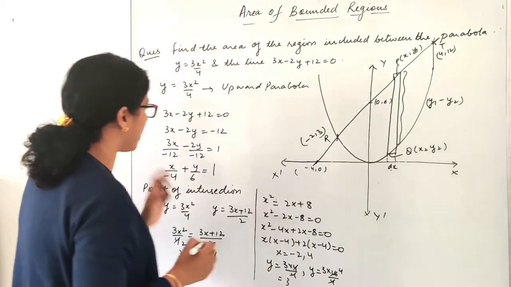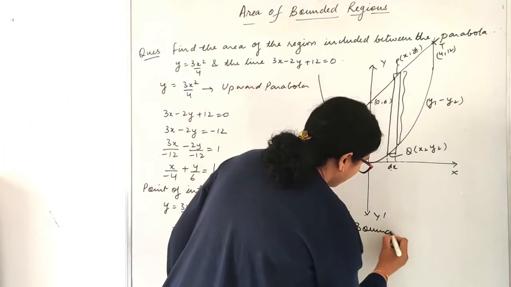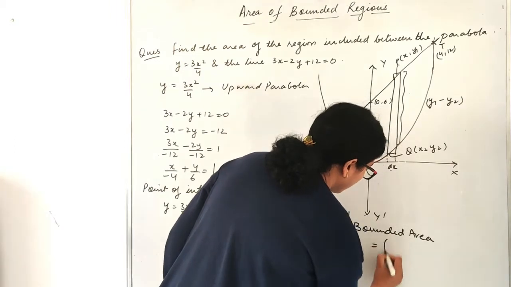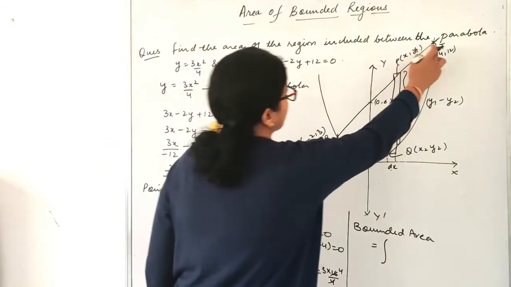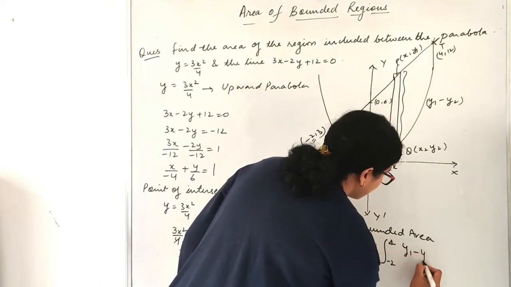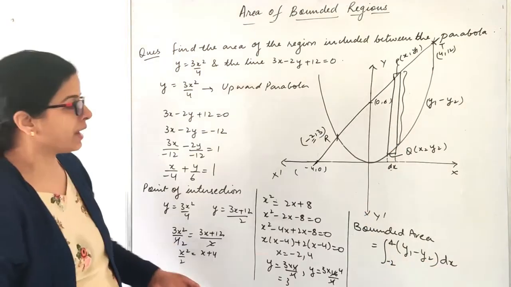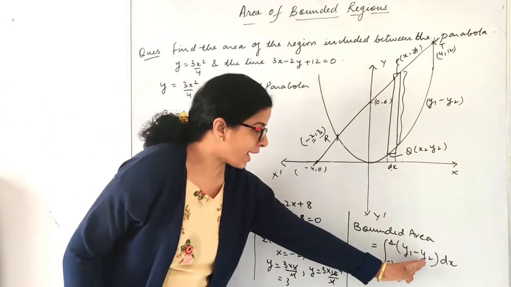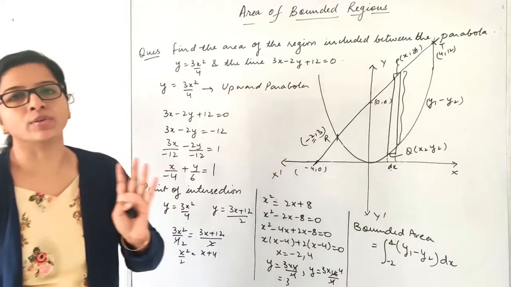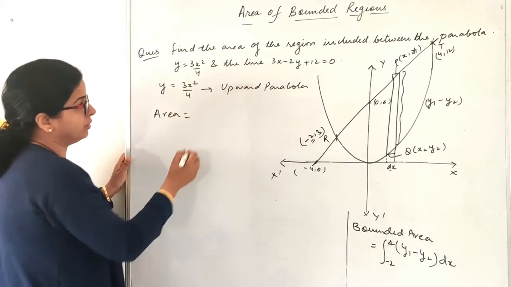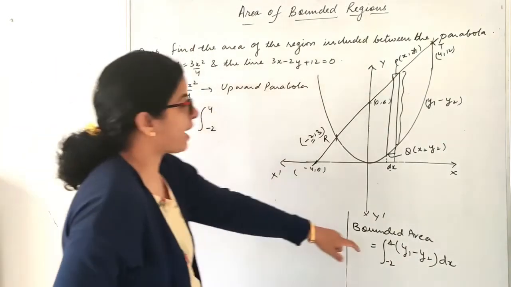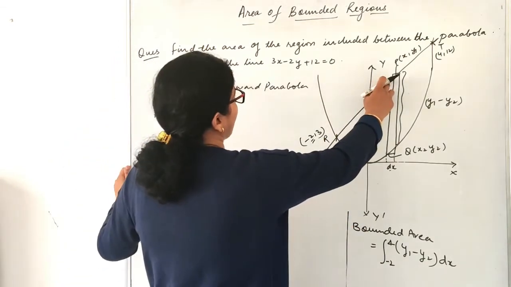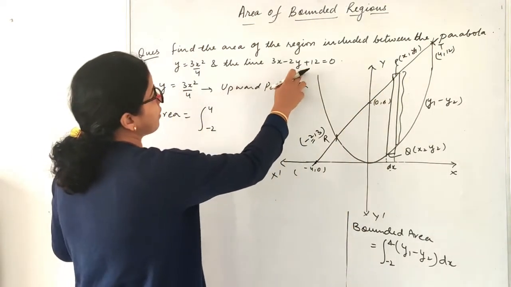So now my bounded area will be, the integral from -2 to 4 of (y1 minus y2) dx. Now let us substitute the value of y1 and y2 and find out the area. Area is equal to the integral from -2 to 4. y1 is on the line, so let us get the value of y1 from the line.